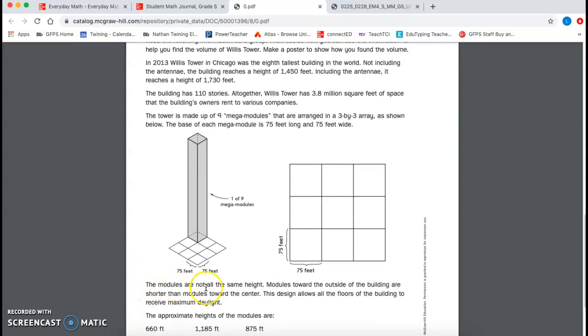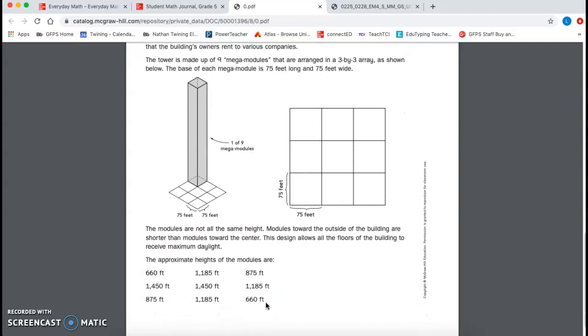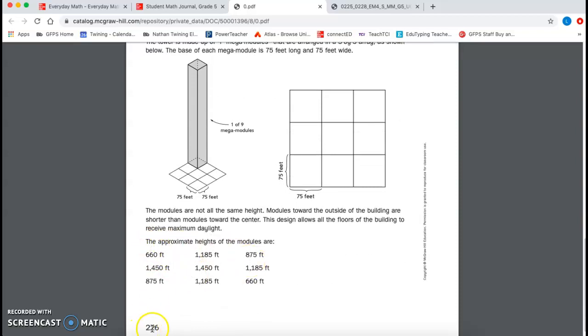Okay, so it says the modules are not all the same height. The modules towards the outside of the building are shorter than the modules towards the center. This design allows all the floors of the building to receive maximum daylight. Okay, so here are the approximate heights of the modules. So this module, 660 feet, would go to this top left-hand corner.